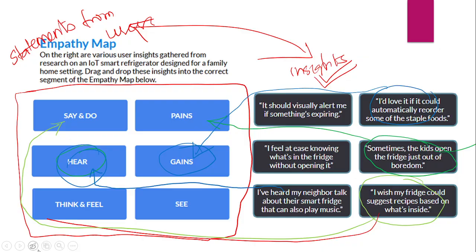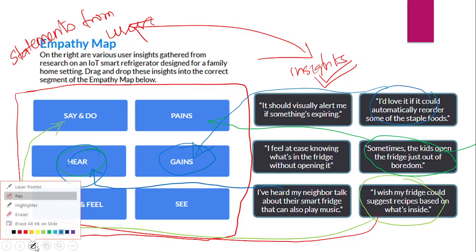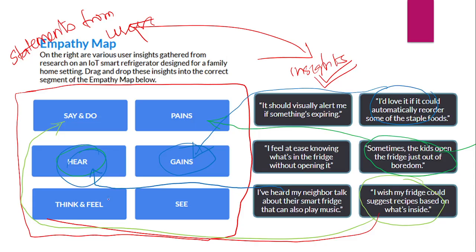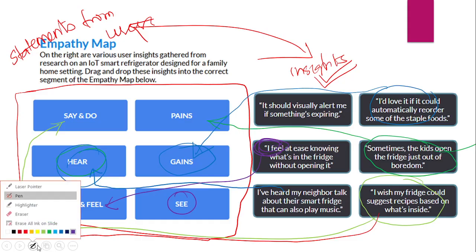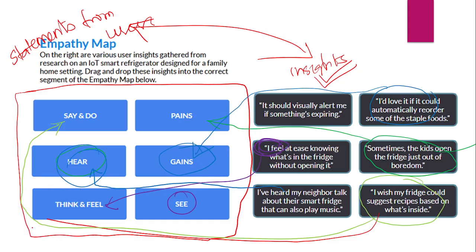Now you have to talk about think and feel. Think and feel means, here you can see the statement I feel. So this is going to be linked with this box. And the next, see. See means it is visualize. So the remaining statement is the visualize one. It should visually alert me if something is expiring.